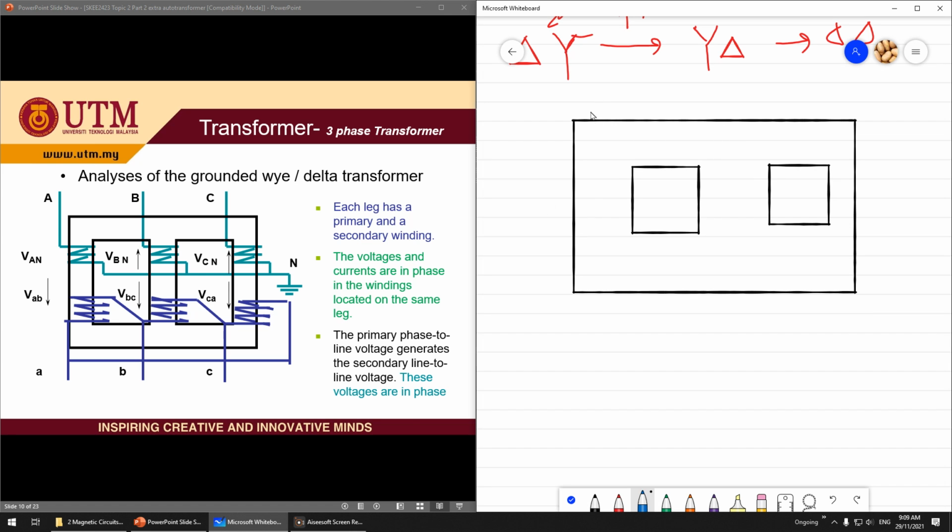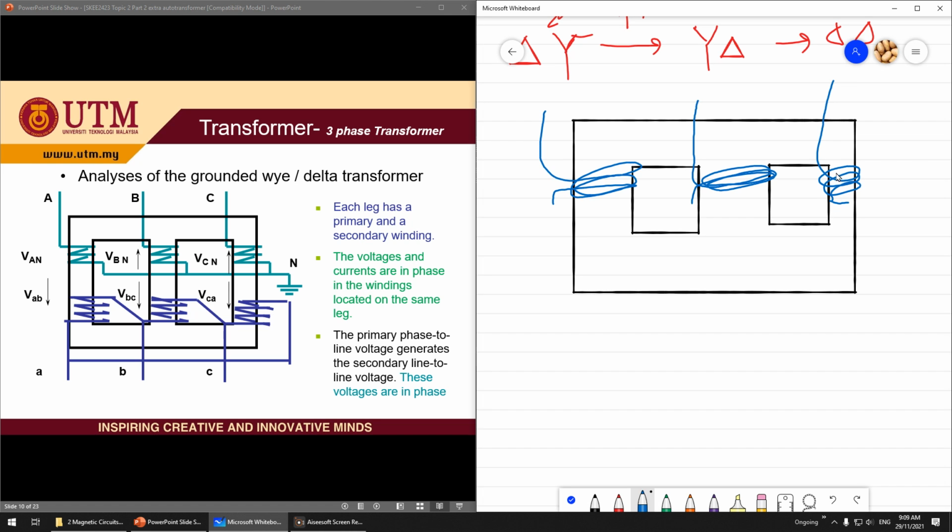So you have the first winding, usually something like this. The second primary winding is the B phase, and this one is the C phase.